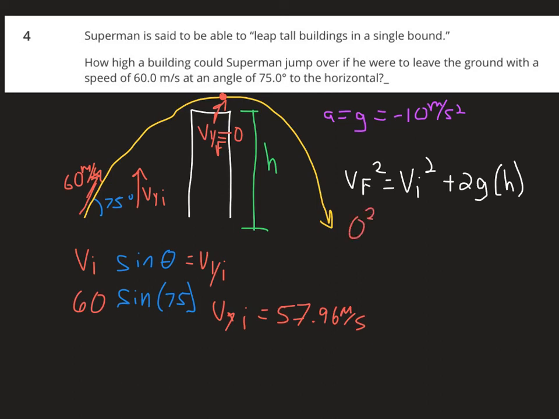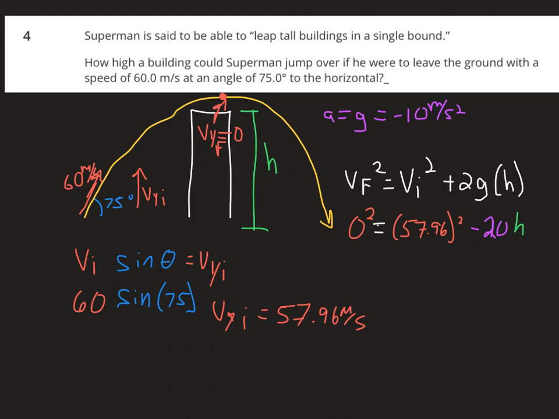Now the final velocity is going to be 0, and we're going to square that, is equal to the velocity of, I'm going to put it in parentheses because of the decimal, 57.96, squaring that, plus 2 times a negative 10, which is a negative 20, times h.